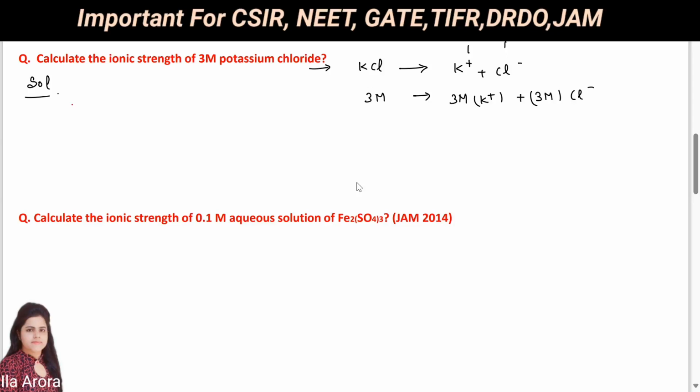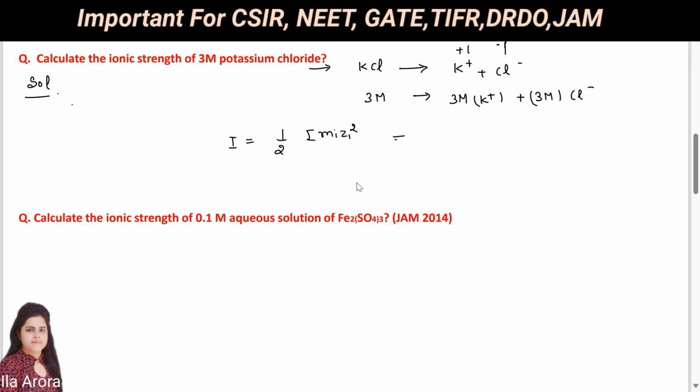This is the concentration part. Second thing is charge. Already I told you, for K positive the charge is +1 and for Cl negative the charge is -1. Now I am following that formula. Ionic strength I is equal to half summation Mi Zi square.